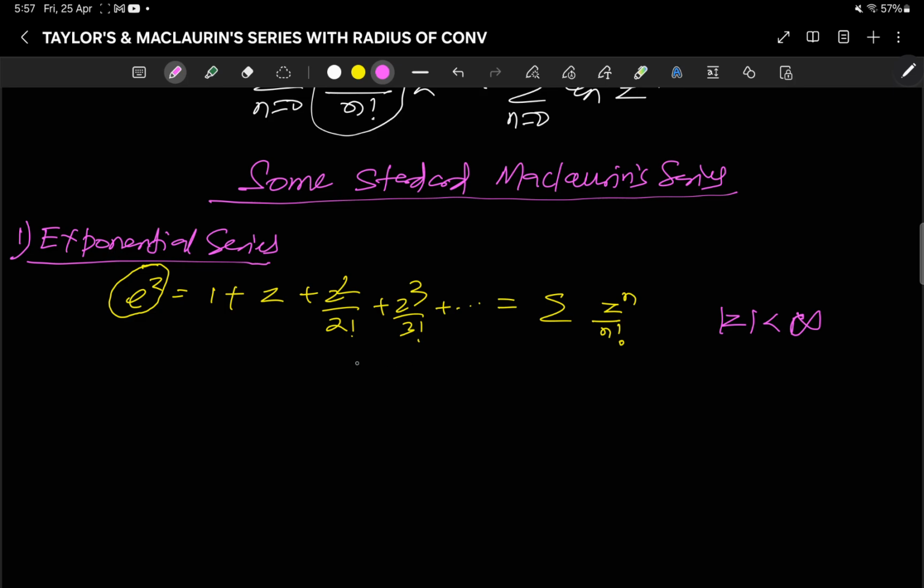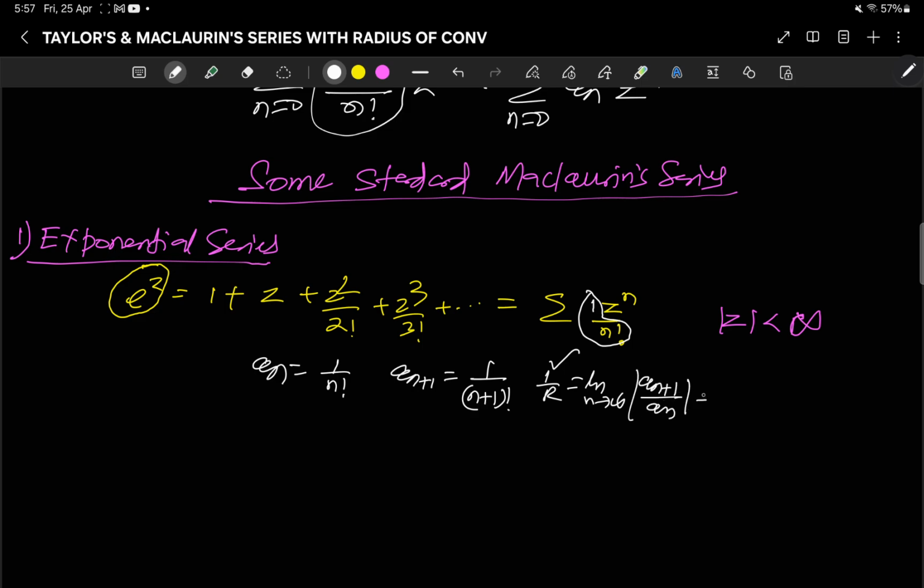If I want to prove it, what is your a_n? a_n is 1 by factorial n, and a_(n+1) is 1 by factorial (n+1). So 1 by R is equal to the limit as n tends to infinity of the magnitude of a_(n+1) by a_n, which is n factorial by (n+1) factorial. So I am getting the limit as n tends to infinity of 1 by (n+1), which is equal to 0.